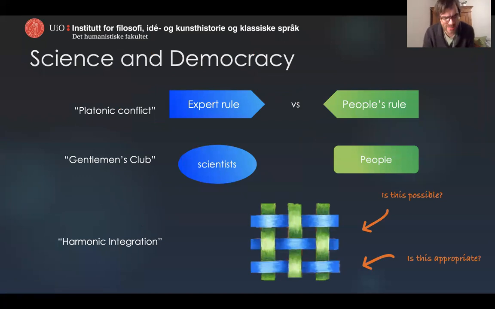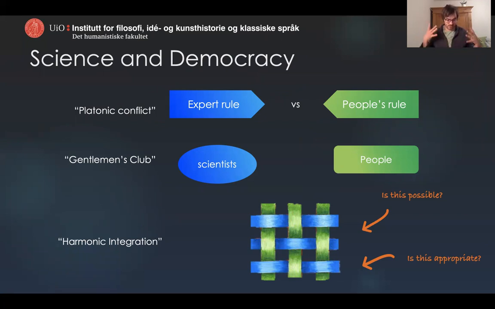So let's return to this question of the relationship between the scientists and the people. We started this whole course with this idea that I'm calling, in this slide, the Platonic conflict idea.